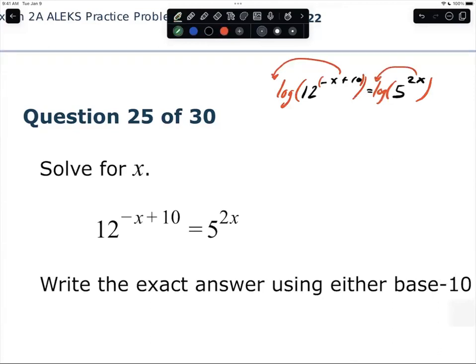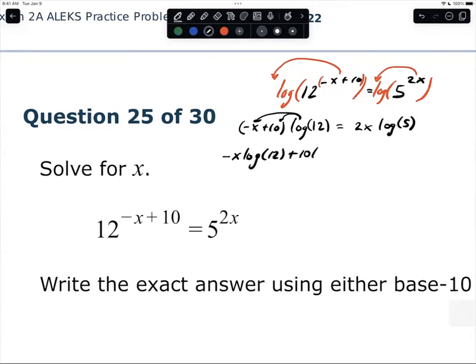So this becomes negative x plus 10 times the log of 12 equals 2x times the log of 5. I'm not sure if you remember these from when we did them in class. They were a little bit long, I had a lot of writing, but that's just the nature of this problem. We distribute the log, we get the opposite of x times log of 12 plus 10 log of 12 equals 2x log of 5.